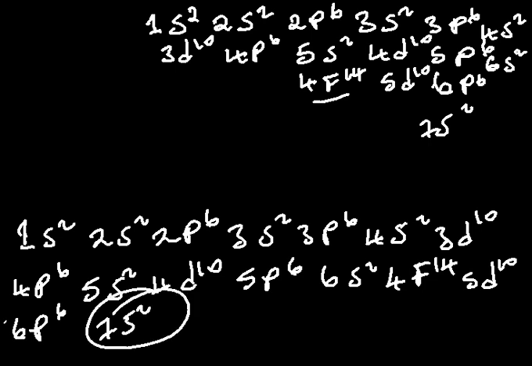Of course the order is still going, I've just got it like that. So the electrons occupy 1s2, then after 1s2 they occupy 2s2.